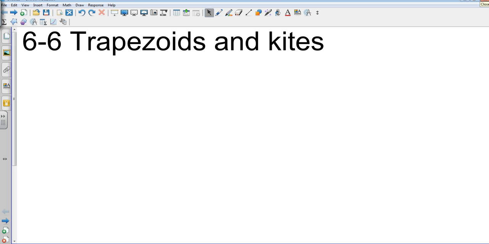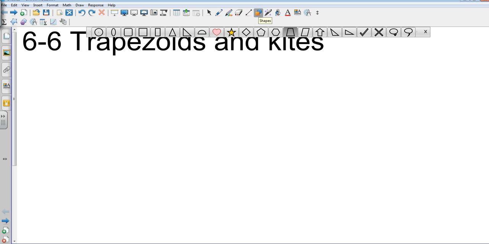And so a trapezoid is similar to a parallelogram.